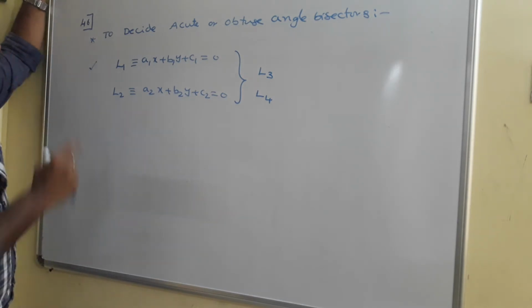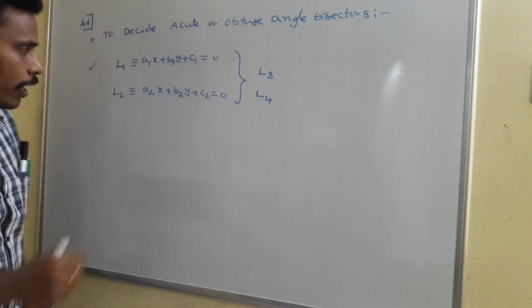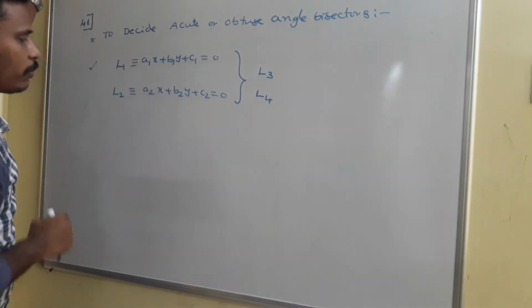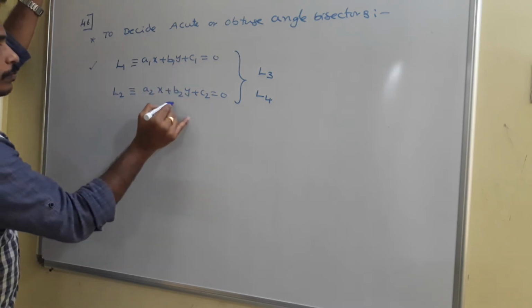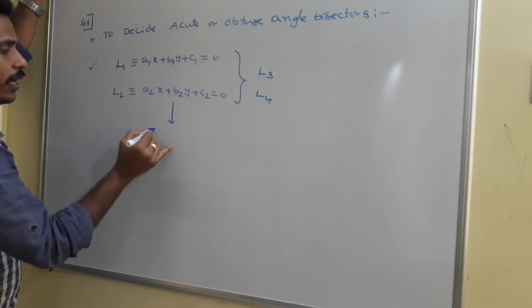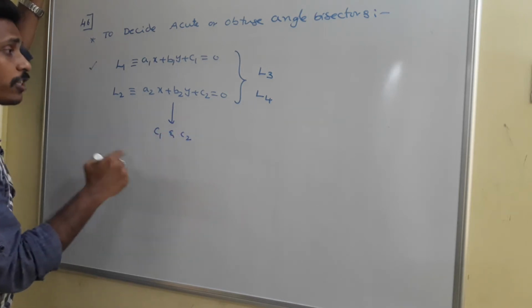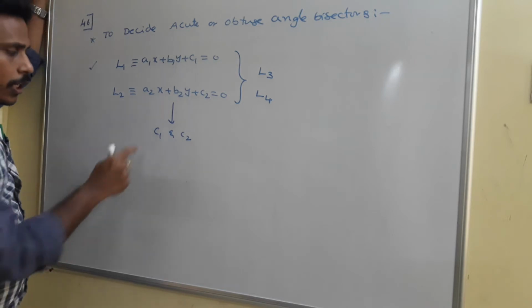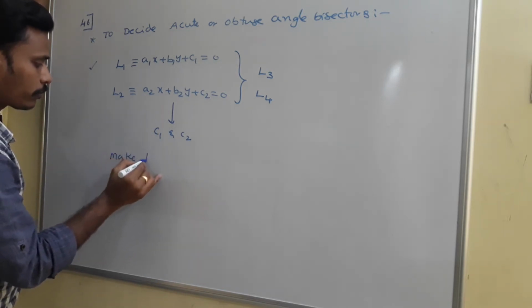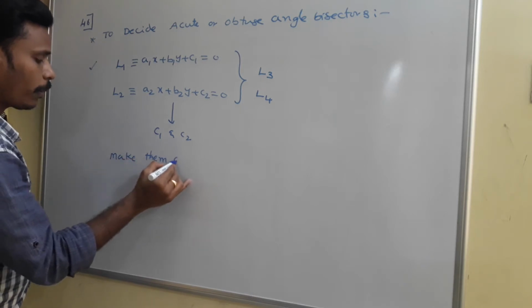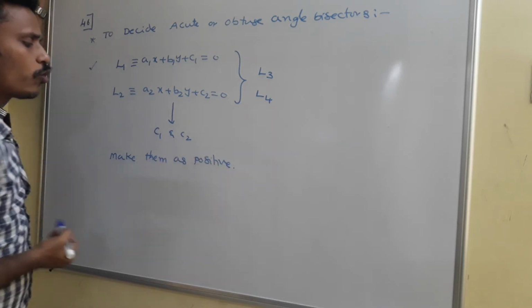To decide the acute or obtuse angle bisectors, I will give you a flowchart type algorithm. For that, first of all, you need to identify C1 and C2 and make them positive.